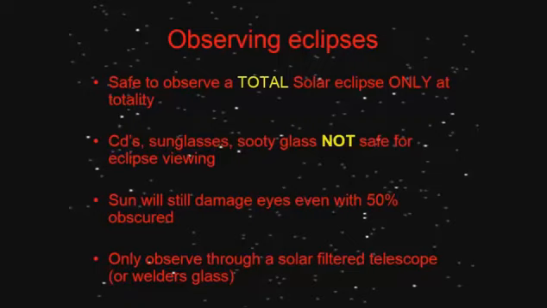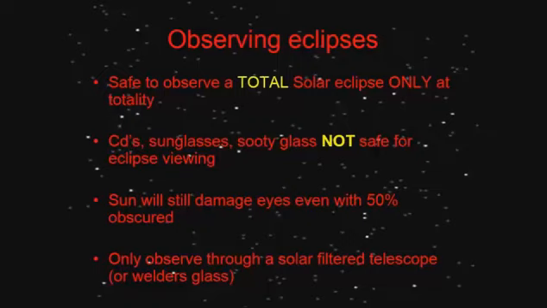Only observe directly through a solar filtered telescope, which you've bought from a certified dealer and know will not damage your eyes, or very, very dark welder's glass. Anybody who does any welding should know this. You get a very bright flash from welding gear.